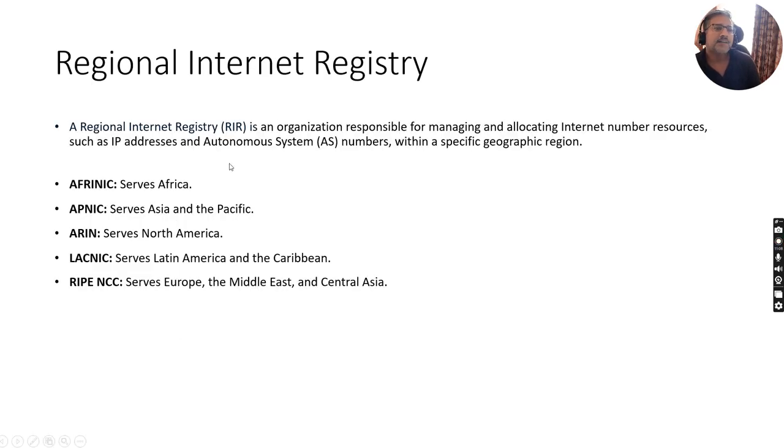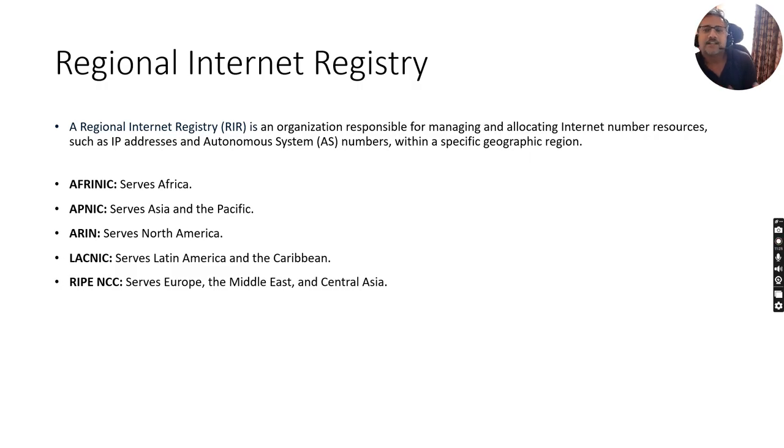Now, what is the regional internet registry? As I told you, if you want to start a business of an internet provider, you will require real IP addresses, a chunk of real IP addresses, a block of real IP addresses. Who will you approach? You will approach a regional internet registry.